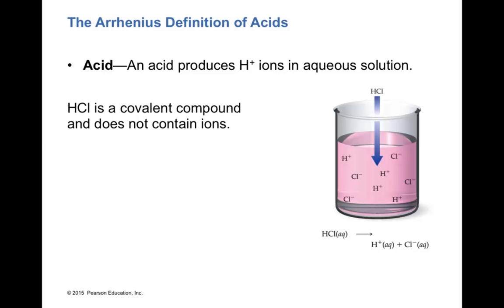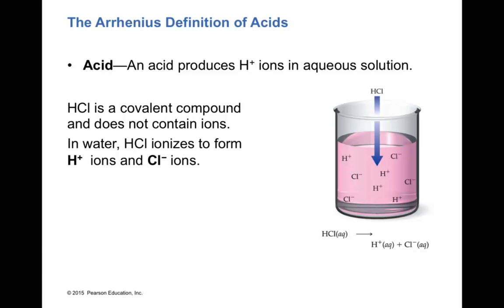HCl, hydrochloric acid, for example, is a covalent compound and does not contain ions. However, in water, HCl ionizes to form H+ or protons and chloride ions. So that's why hydrochloric acid is known as an acid.